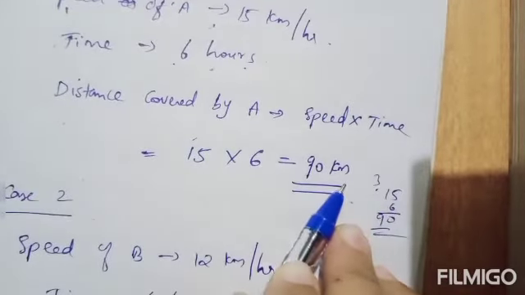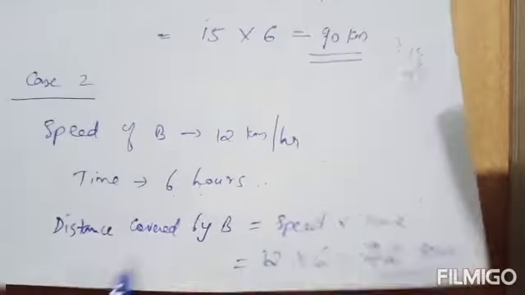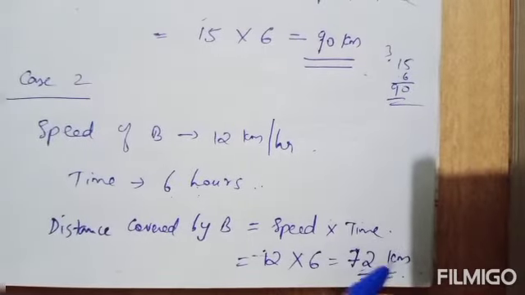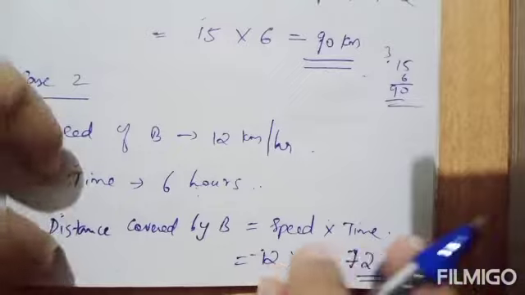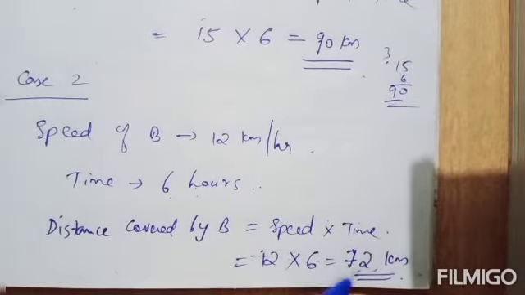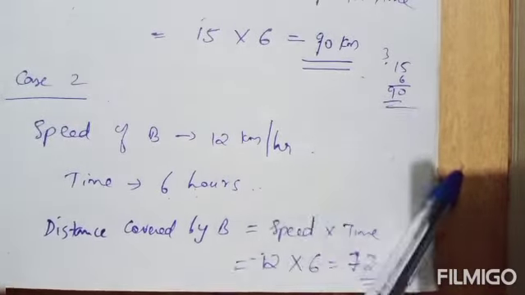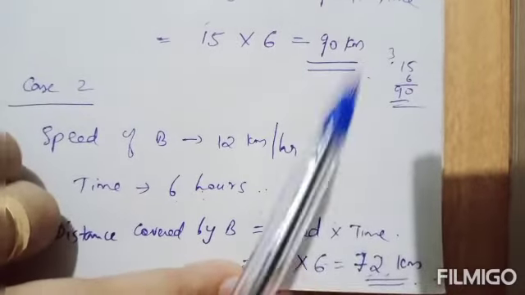So 90 km is the distance covered by A, and 72 km is the distance covered by B. Now you can find the distance between them. How can you find it? Just subtract 90 minus 72.